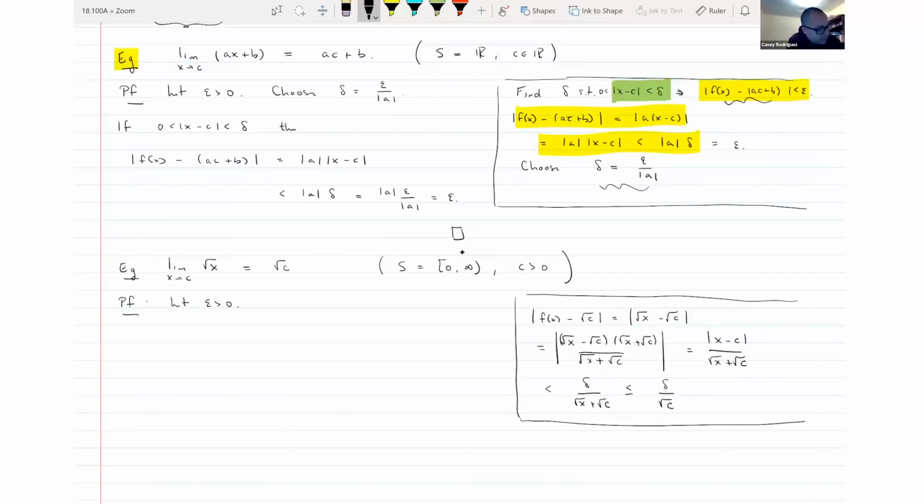So now in the end, I have something which is delta and depends on the point c. And I want the absolute value of f of x minus square root of c to be less than epsilon. So how should I choose delta? Shout it if you know it.